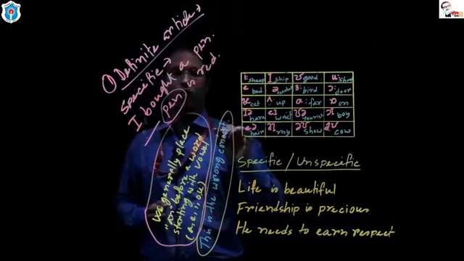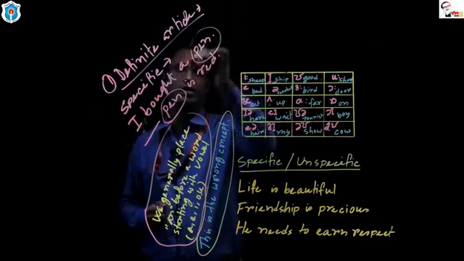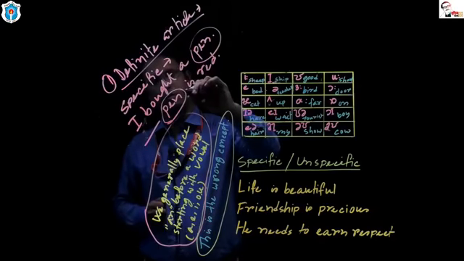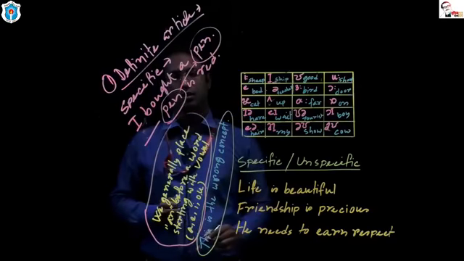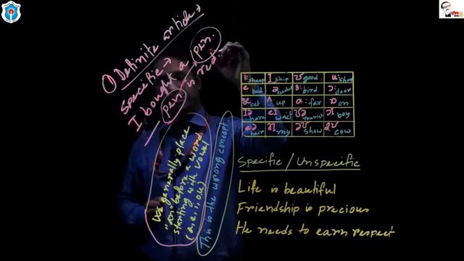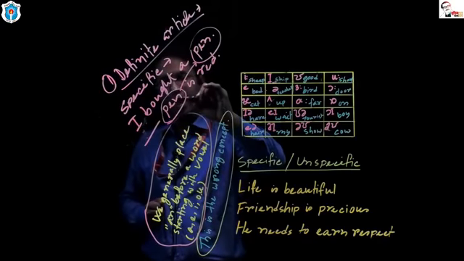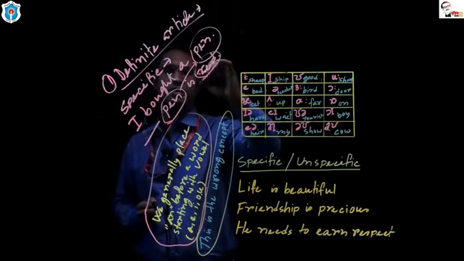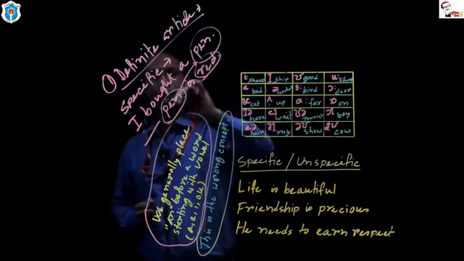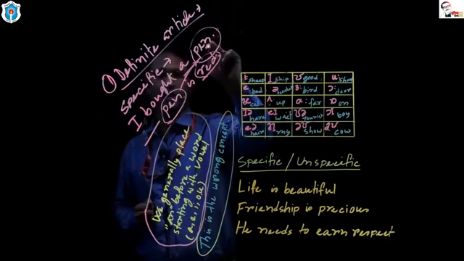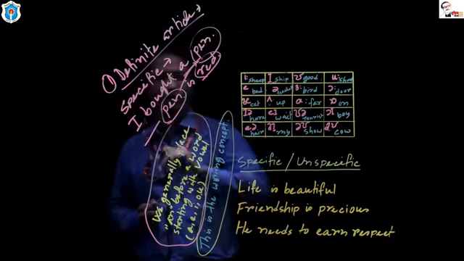Here is the word pen, a noun. This pen indicates this pen. That means the second pen has become specific. Because which pen is red? This pen which I bought. That means this pen has become specific in the second sentence.